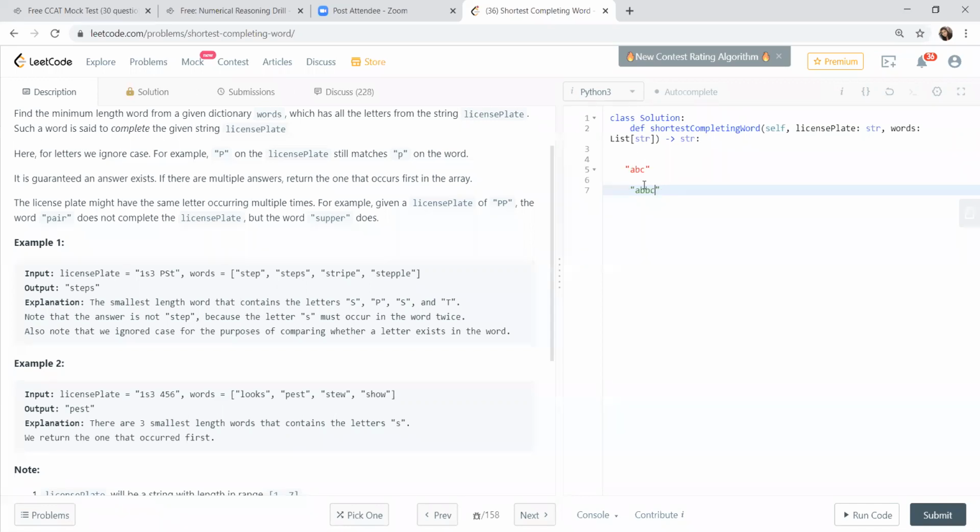So we can go for a two-pointer approach over here. Whatever characters we need to match, character by character with the string. If A is matching with A, B is matched with B, and if the next is also B, we just move ahead, and next if it is C, then we'll match.